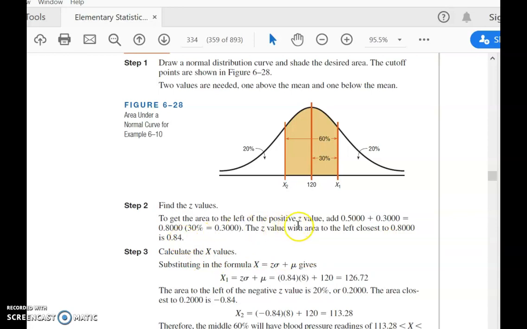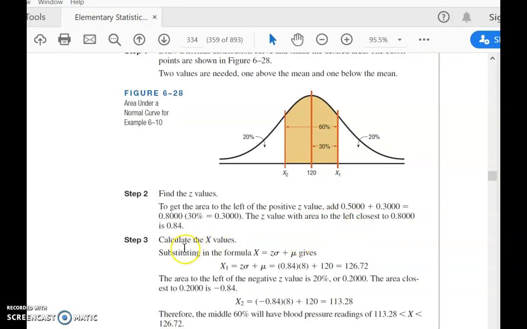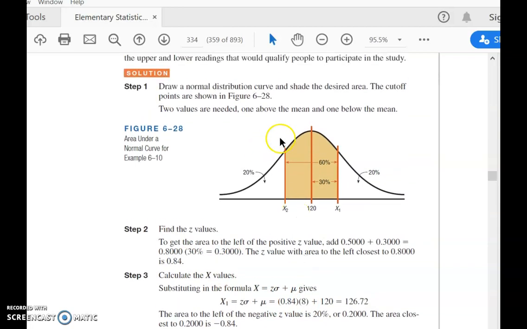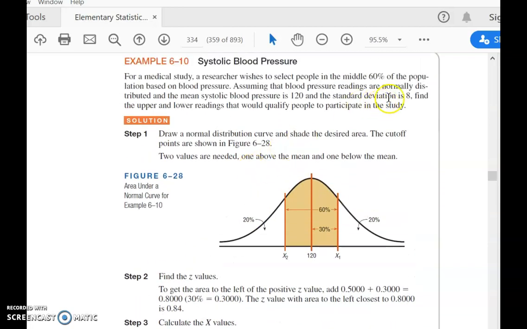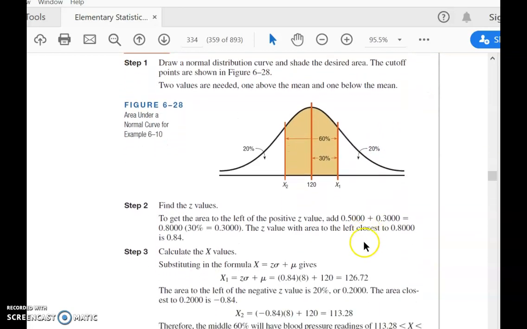Okay, so I'm going to substitute the 0.84 into this formula for X1. Here's my X1: Z times sigma plus mu, so it's 0.84, which is what I just found, times 8. 8 is my standard deviation. That was given to me up here. Everything's just plugging it in.